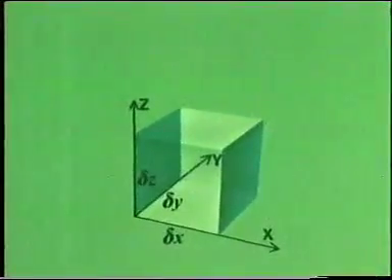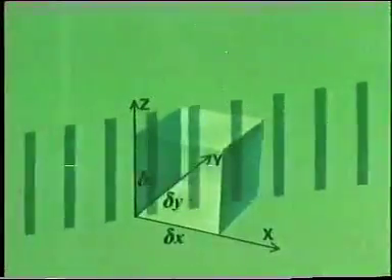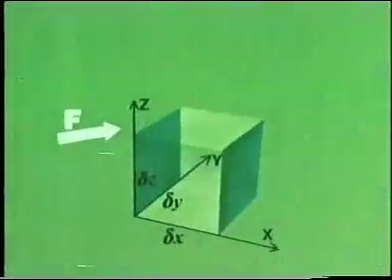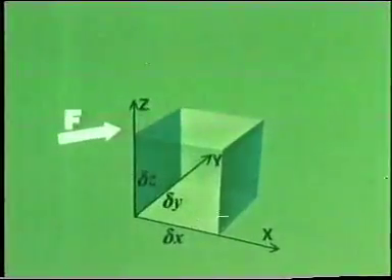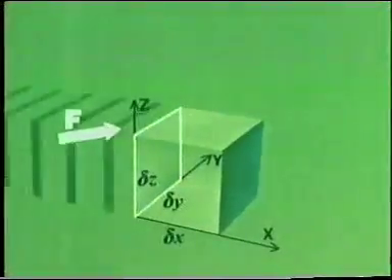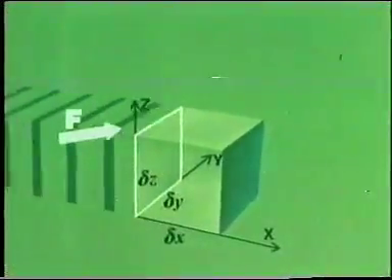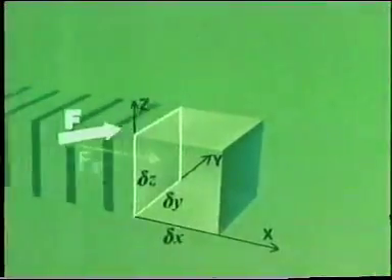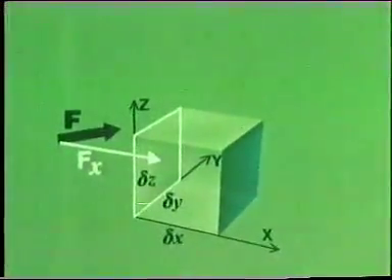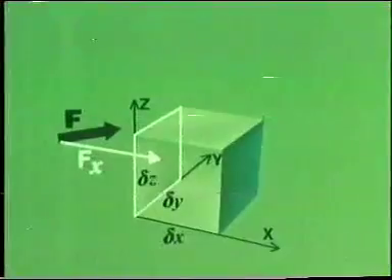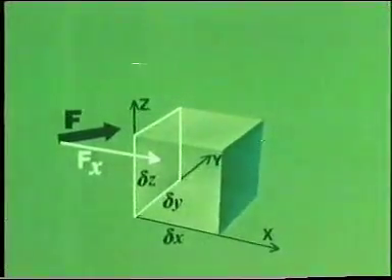Now, liquid is flowing through this little volume element. Let's call the flow per unit area a vector f. And to get the flow through this face, we take the component of f in the x direction, which is fx. Now, remember, the area of the face is very small, so we take fx to be approximately the same all over the face.